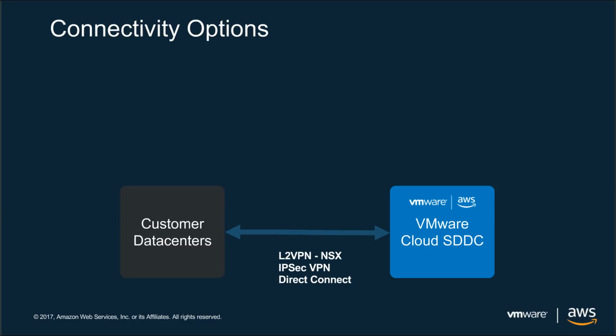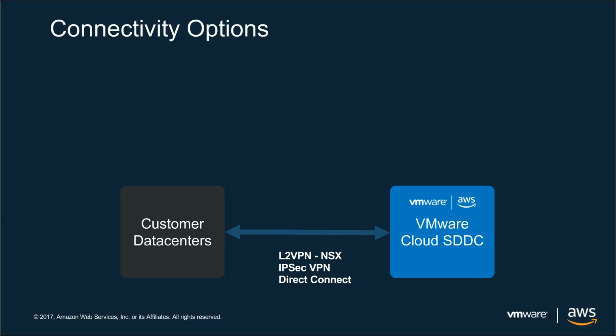So the first and easiest option to talk about is IPsec VPN. This is an extremely common method that folks use to connect their environments. They can connect up an IPsec VPN between their on-prem environment and their VMware Cloud on AWS SDDC. In addition, with VMware Cloud on AWS, there's a new option that's just come into technical preview to actually create an L2 VPN.